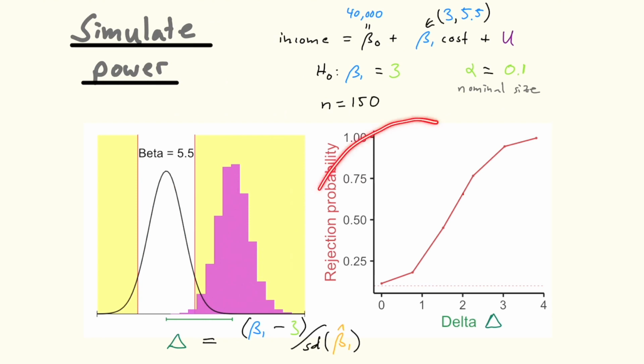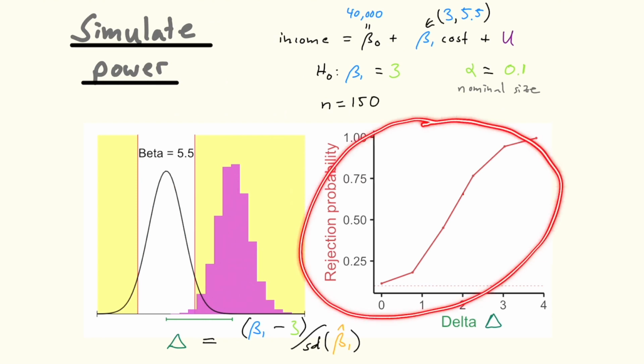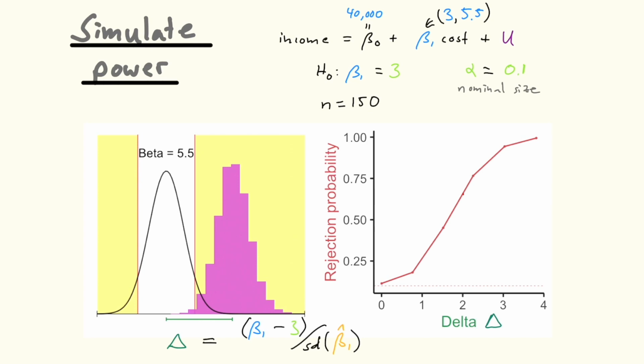We can use this plot to read off the probability of type 2 error. Suppose we are facing a beta 1 that corresponds to this delta. This graph plots the probability of rejection. Therefore, the probability of rejecting the null hypothesis is equal to the length of this line segment. The probability that we do not reject is the remaining probability and equal to the length of this line segment.